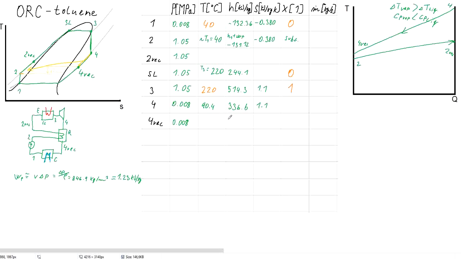And finally the point 4, recuperated. It has temperature at point 2 plus the minimum temperature difference. Which is 40 plus minimum temperature difference 25. So it's 65 degrees C. And from the pressure and temperature we could get the other property functions.